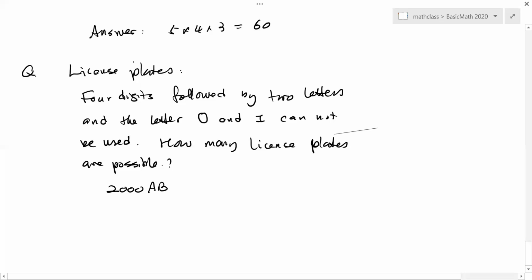How many letters are there in total? 26 letters, right? From A, B, C, D, E, F, all the way to X, Y, Z.